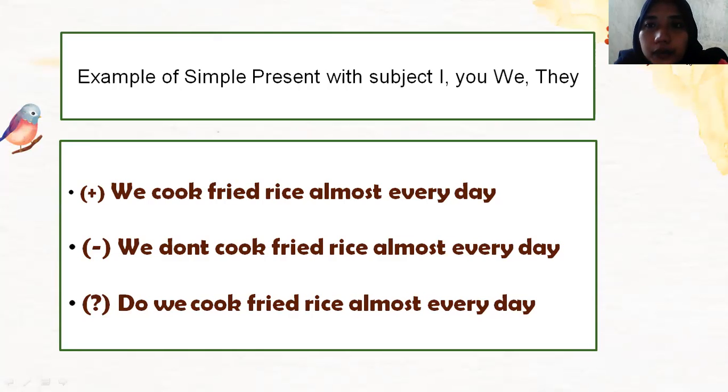For the example, we use subject we, and after that the verb just verb one. For the negative: we don't cook fried rice almost every day. We use don't. And for the interrogative: do we cook fried rice almost every day?